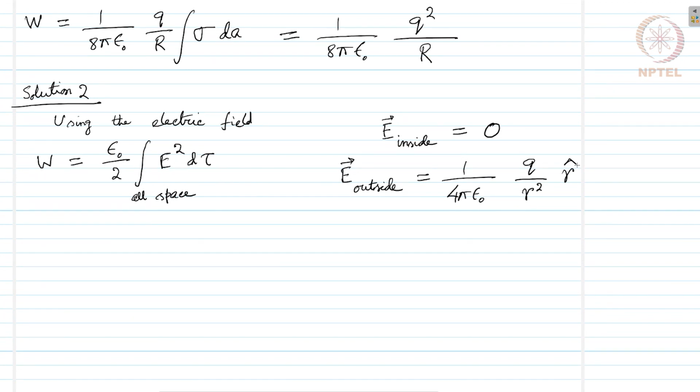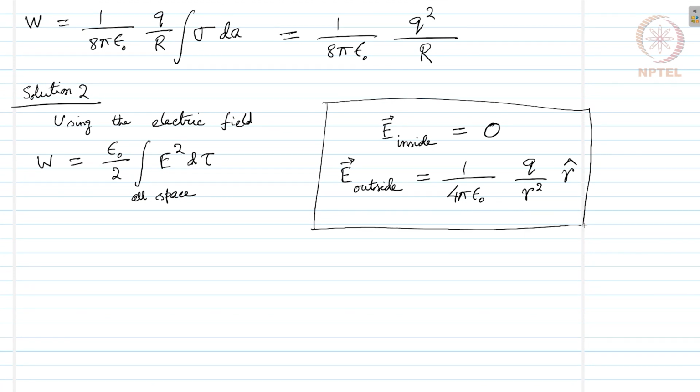We have seen that uniform distribution of charge over a spherical shell behaves like a point charge at the center of the sphere. We have proved this using the Gauss law, and so we are going to use these expressions for our calculation now. So, E squared outside is given as q squared over 4 pi epsilon naught squared R power 4.